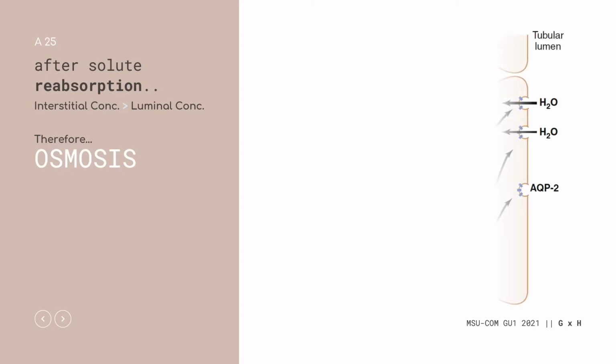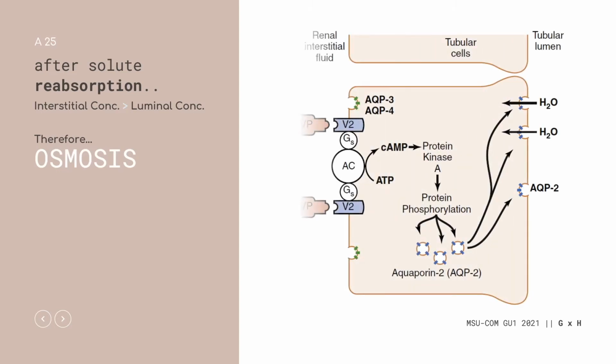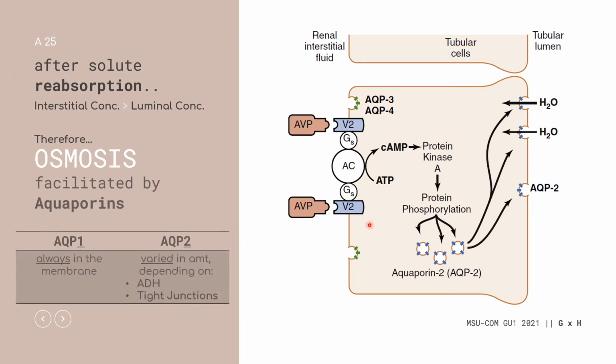As most of these solutes are osmotically active, especially sodium, the phenomenon drives the osmosis of water from the tubular lumen into the interstitium, mainly facilitated by membrane aquaporins, AQP1 being always in the membrane, and AQP2 having a varied activity, depending on antidiuretic hormone, which we will talk about later, and tight junctions. This highlights the differences of water permeability across the different tubular segments, to be explained as we proceed to discuss tubular physiology segment by segment later.